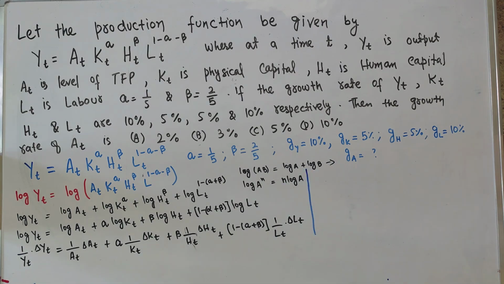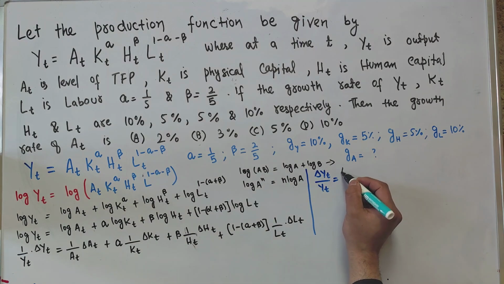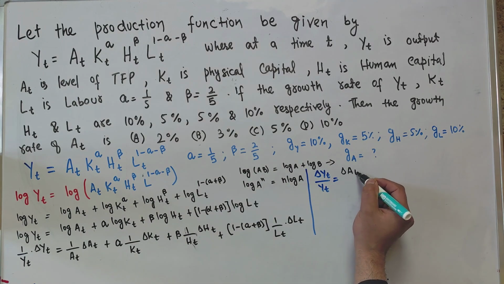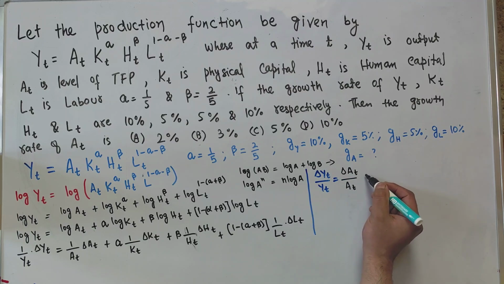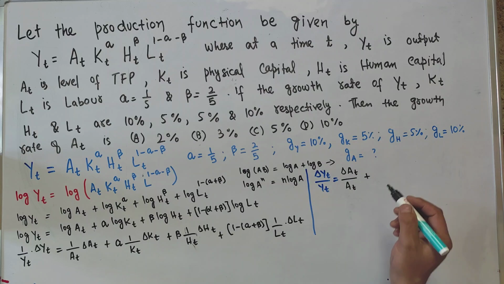So I write it in this fashion: del yt upon yt is equal to, similarly here I can write del at upon at plus we have here alpha.